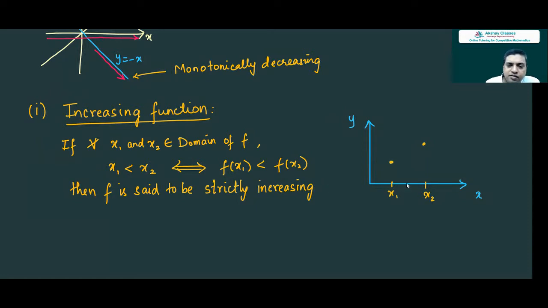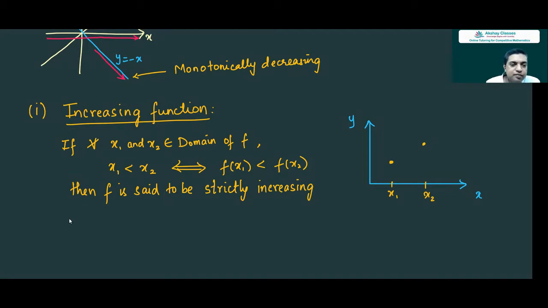No matter what, x1 and x2 can keep changing throughout the domain. But if the function value of a greater number is greater as compared to the lesser number, then it is an increasing function and it is strictly increasing.